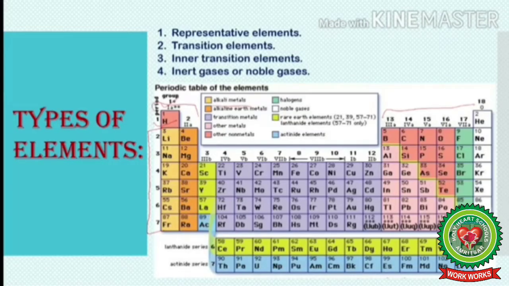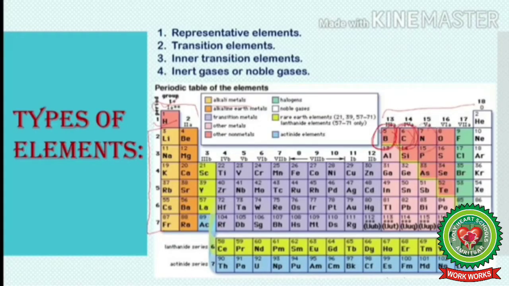Then group 13 comprises the boron family. The name comes from the first element, which is boron. Similarly, elements of group 14 are called the carbon family. Why? Because the first element of this group is carbon.